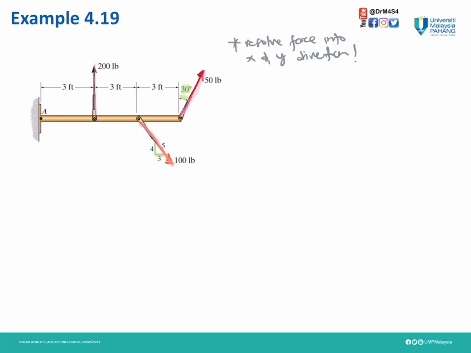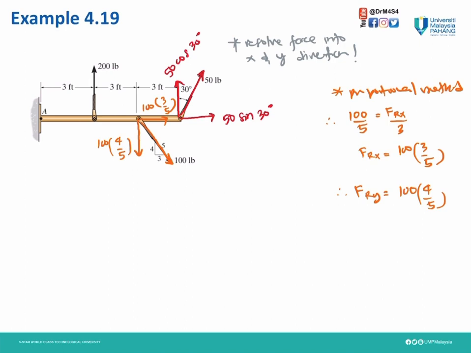That means we have to resolve the 50 pound and 100 pound forces into x and y directions. For the 50 pound force, the angle given is 30 degrees. Resolved into this direction, we have 50 cos 30 degrees, and into this direction, we will have 50 sin 30 degrees.